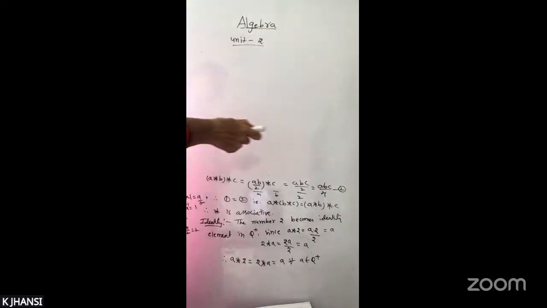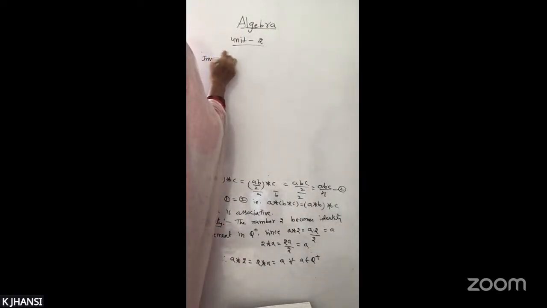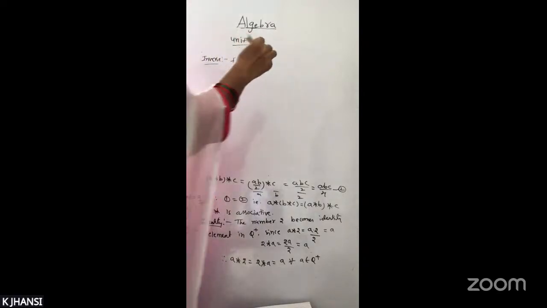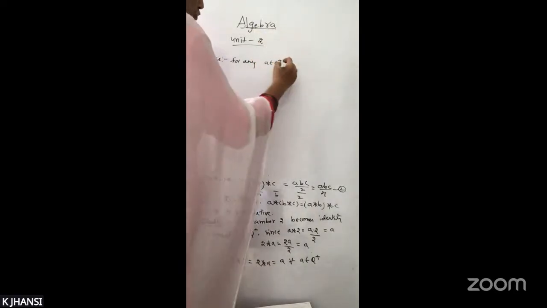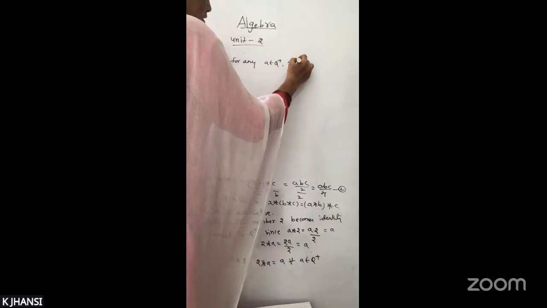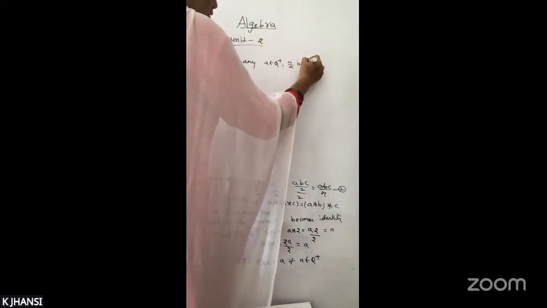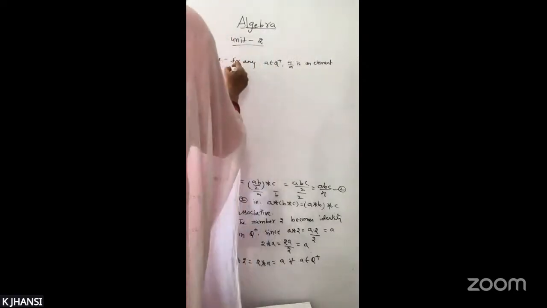Okay, next inverse property. For any A belongs to Q plus, 4 by A is an element in Q plus.